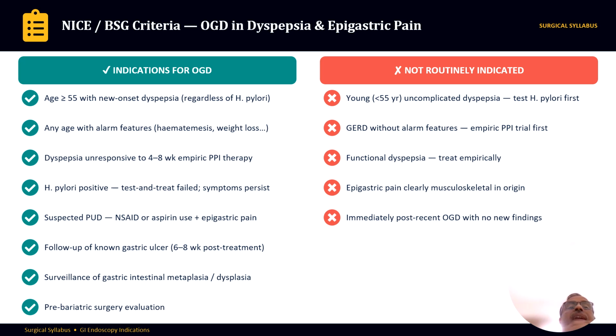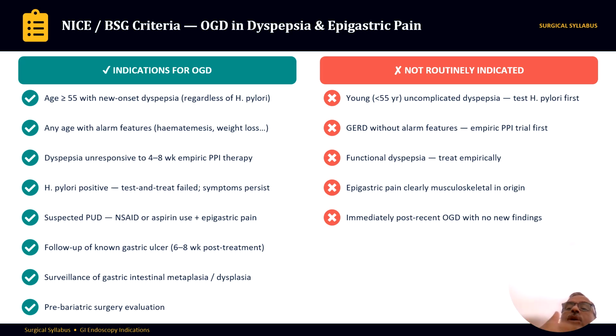So these are the classical indications of OGDS in a patient who comes to you with dyspepsia and epigastric pain. OGDS is not routinely indicated in a young patient less than 55 years with uncomplicated dyspepsia. In such cases, you test H. pylori first.